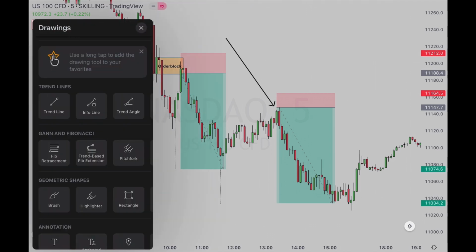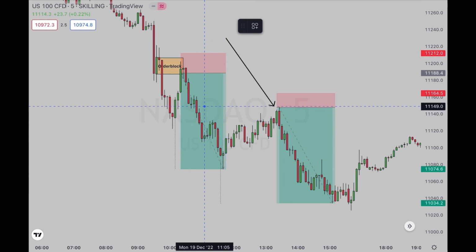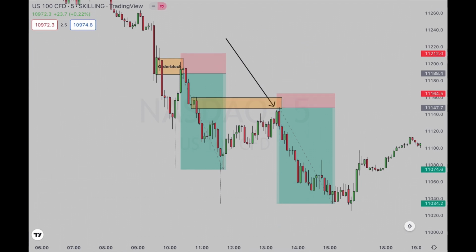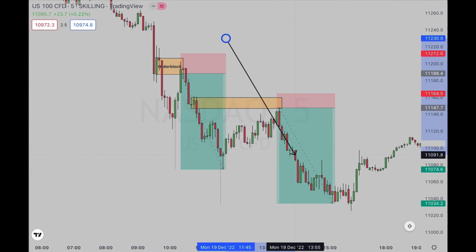So it's the exact same trade. Order block here, your take profit at the symmetrical swing low, and your stop loss above the order block. See guys, it happened exactly one after another.